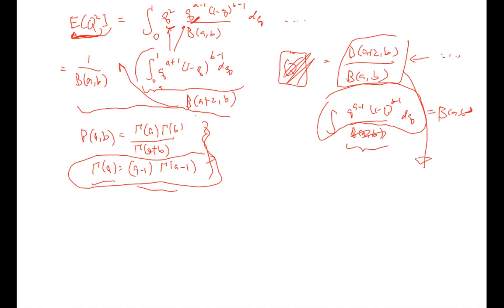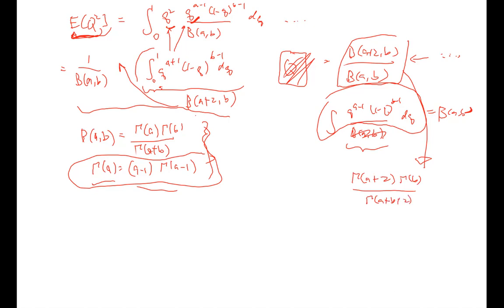So I have like B(A plus 2, B) is like gamma A plus 1, sorry, like gamma A plus 2, gamma B over gamma A plus B plus 2, or something like that.